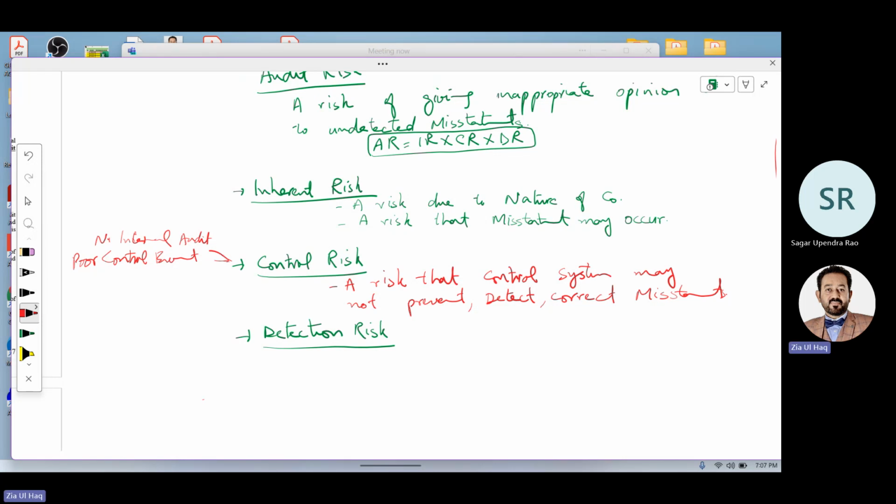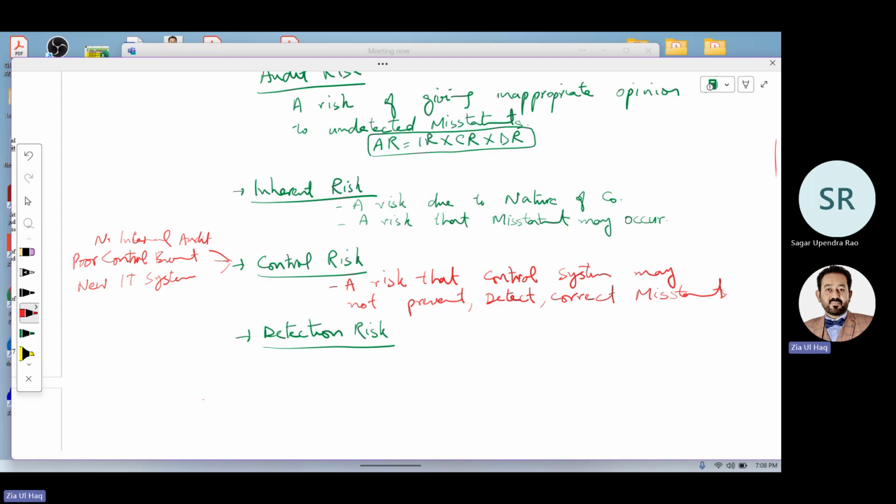What else? Company has introduced new IT system in the company. And whenever you install a new system, there are problems in early stage due to some bugs in the system that will be highlighted after 6 months and then will be corrected.